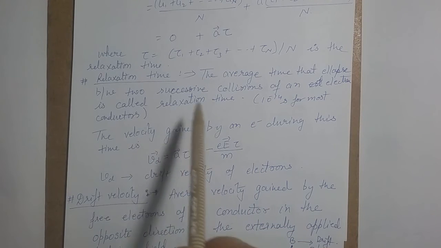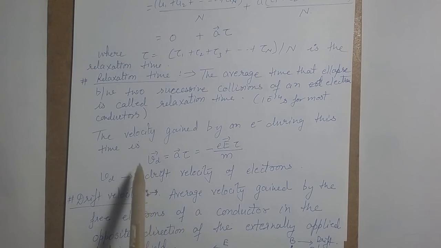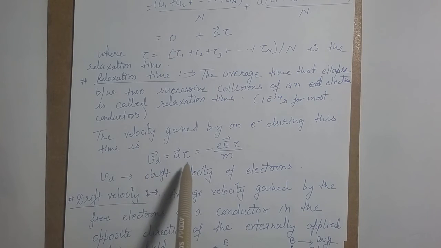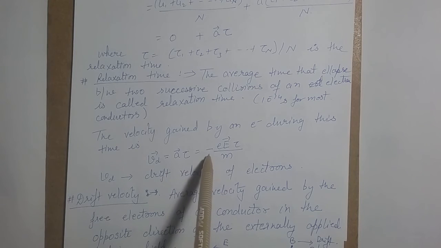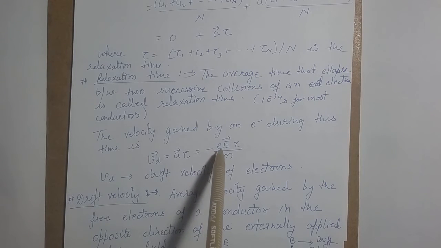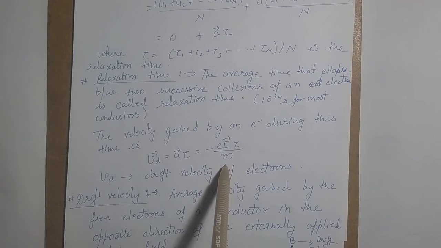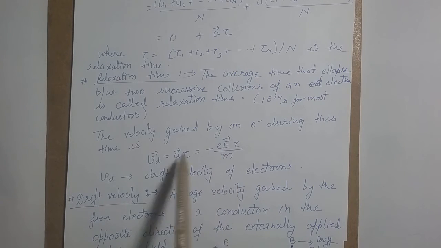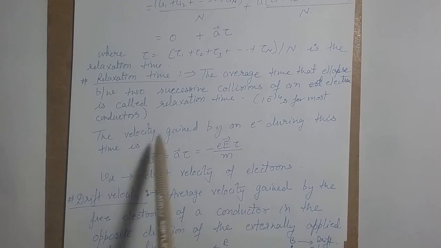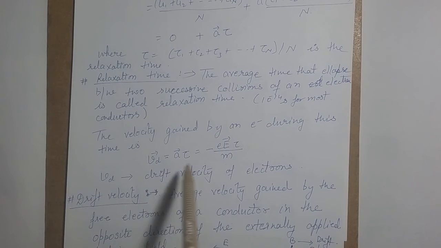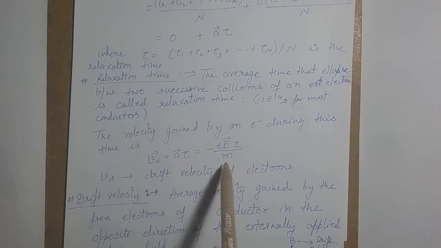So from here, what we obtain is that Vd, the average velocity, is equal to a into tau. Let us substitute the value of acceleration, which was eE upon m. Substituting, we get the final average velocity as eE tau upon m.